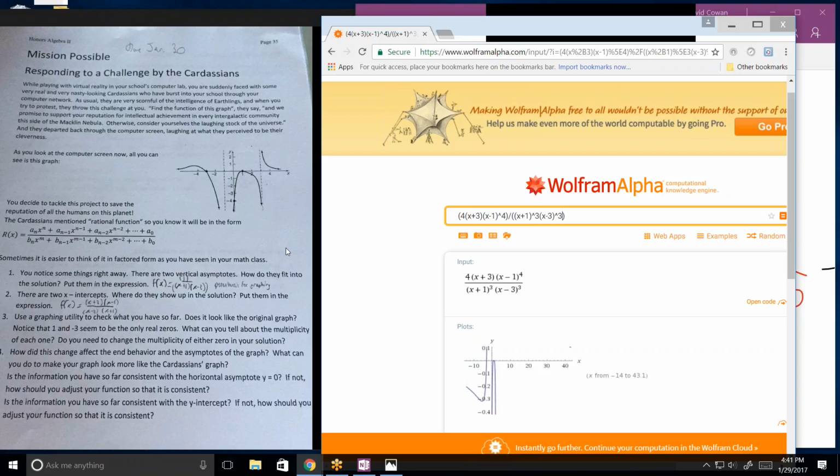Just make sure that every different trial you try does not change the vertical asymptotes, the horizontal asymptote, the x-intercepts, or the y-intercept. There are 4 things that you have to make sure stay the same with every change you make: the 2 vertical asymptotes, the horizontal asymptote, and the y-intercept.